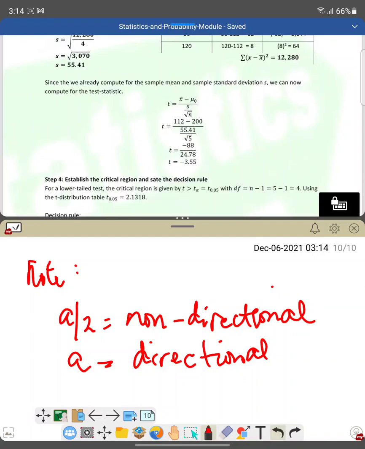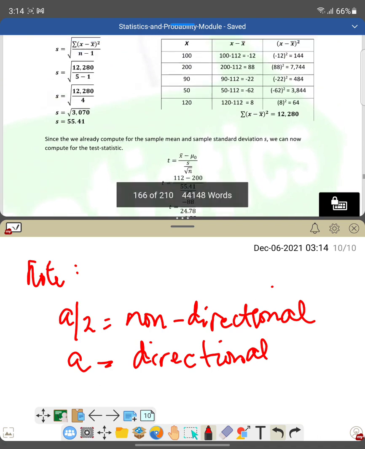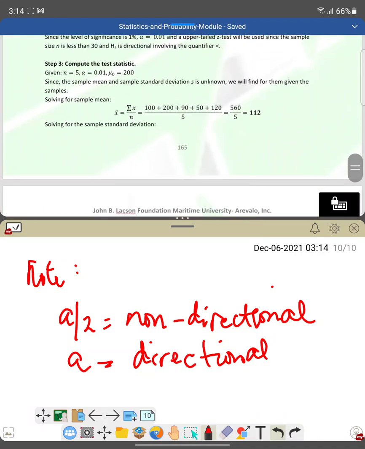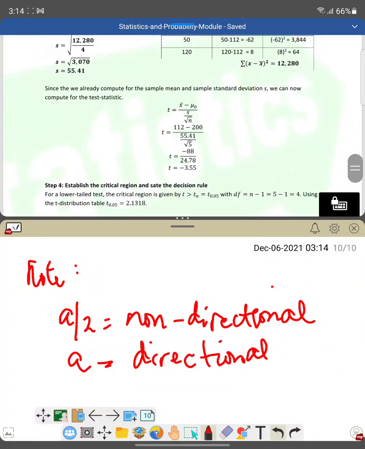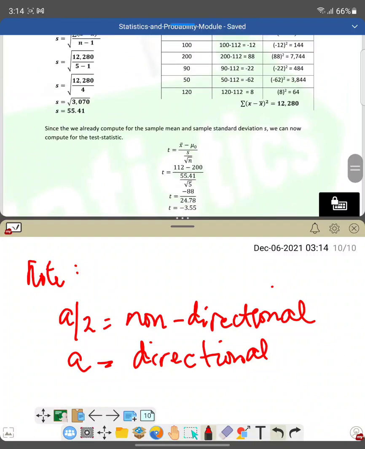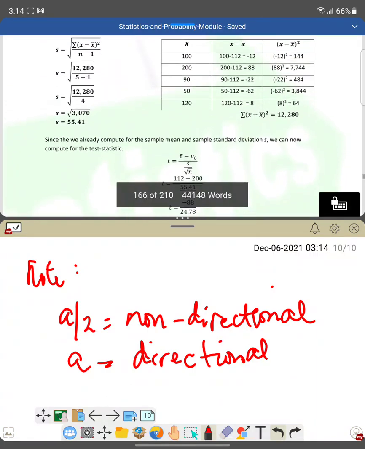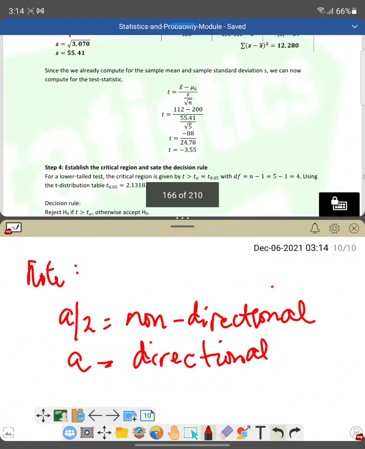I hope we understand the substitution process. x bar is 112, from your computed sample mean of the 5 data. Your S is also from your computed sample standard deviation. Your hypothesized population mean is the given 200, and your sample size is 5.